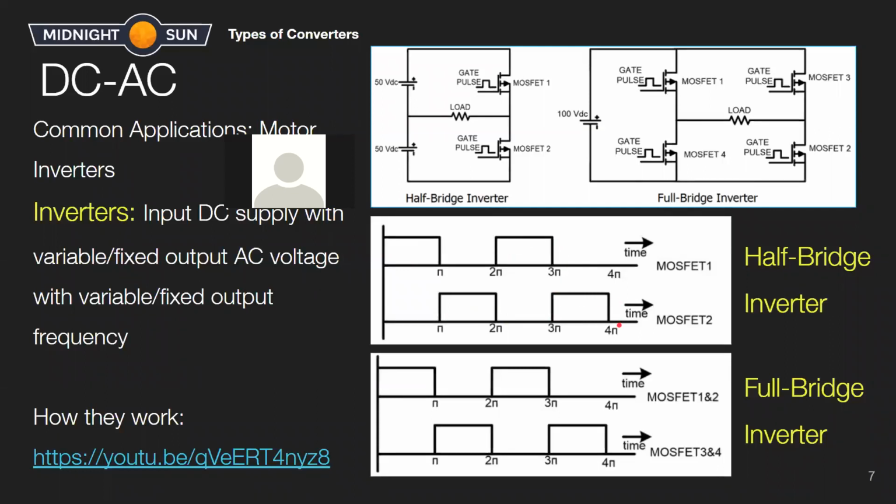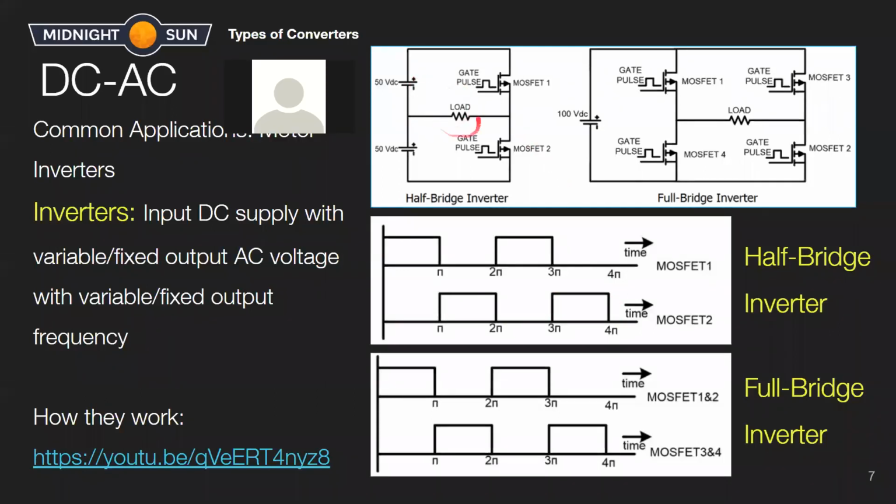So what you're getting is supplying your load with a source of power for a certain duration. At the end of the day, you're getting something that looks like that, pulsing in terms of giving voltage to your load.